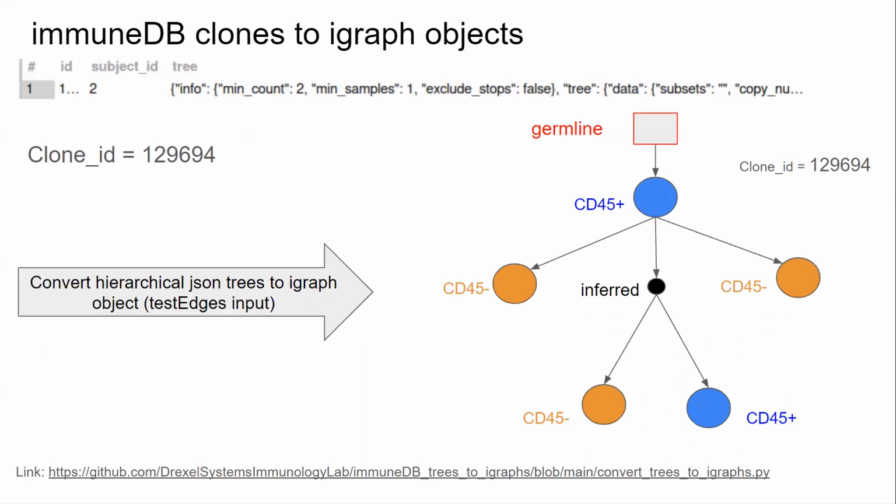As Areen showed you, each clone in immuneDB is stored in a hierarchical JSON tree. Here is one line from the immuneDB database for this clone, with the ID 129694. We converted the stored JSON hierarchical clones to iGraphs with the needed format for test edges, making sure to save the hierarchical order.